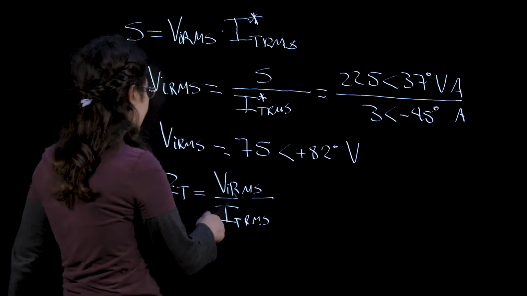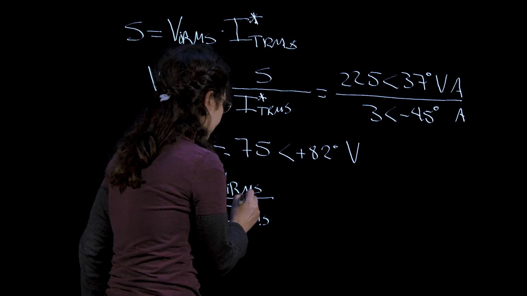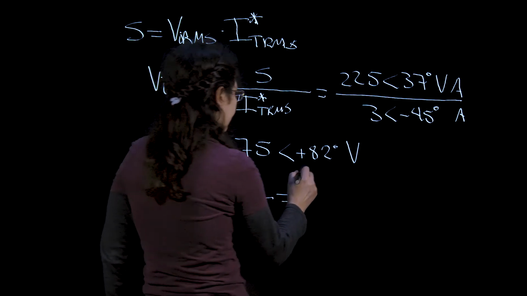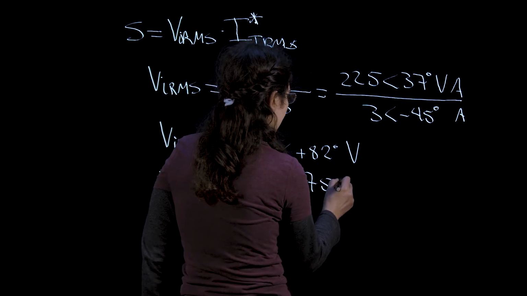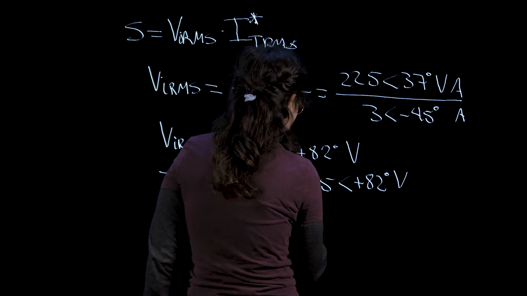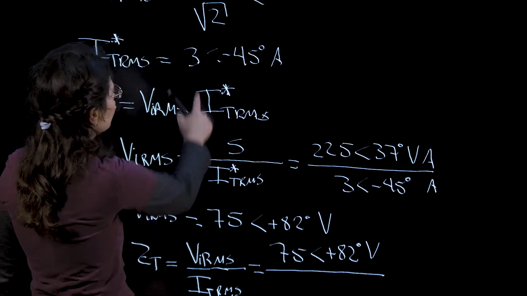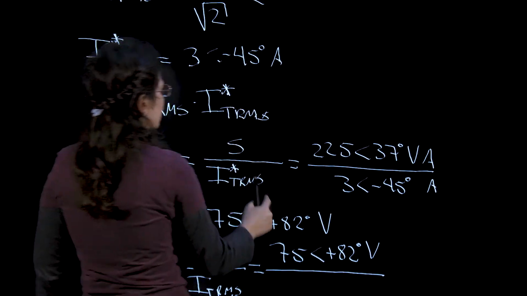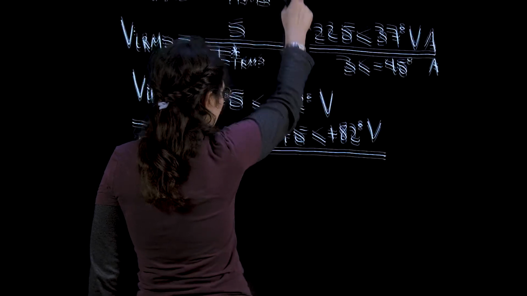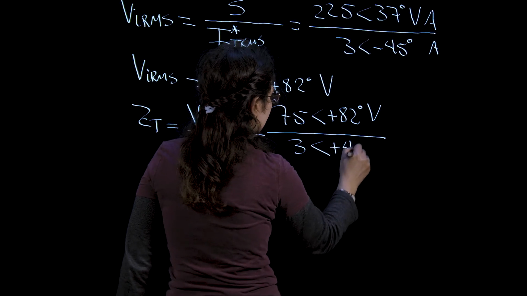Over the total current. In this case, not complex conjugate. So that would be 75 with an angle of 82 degrees volts over my total current RMS 3 at plus 45 degrees, because I don't want it complex conjugate anymore.